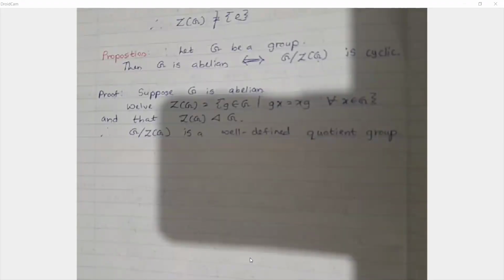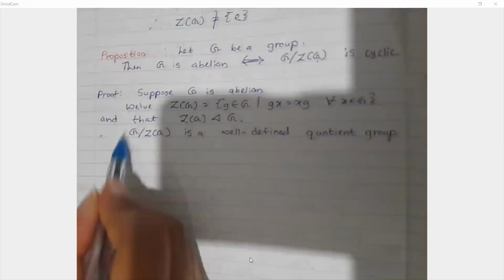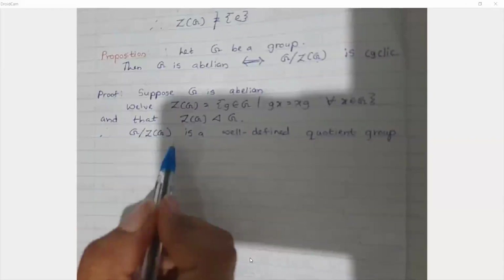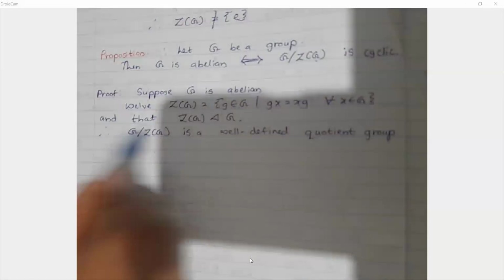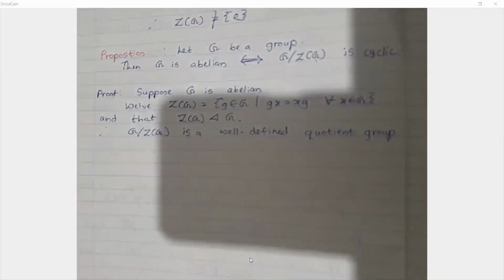In that case, because Z of G is now equal to G, the quotient would give you the trivial group containing only the identity, which in the quotient is simply Z of G. It is a cyclic group, so we are done in that case.